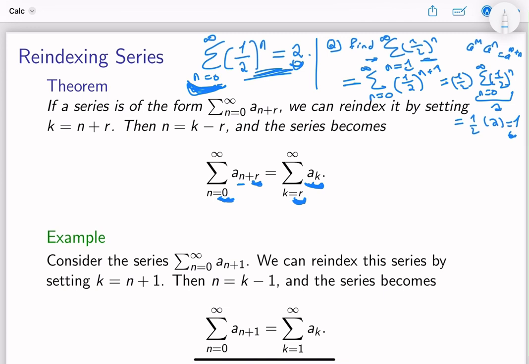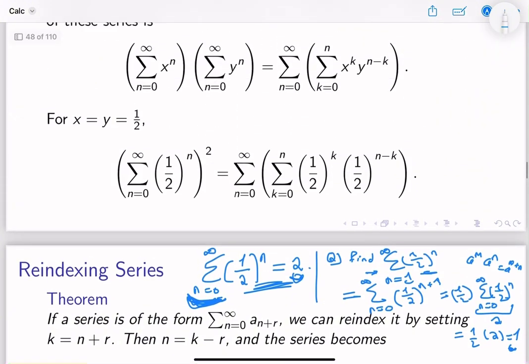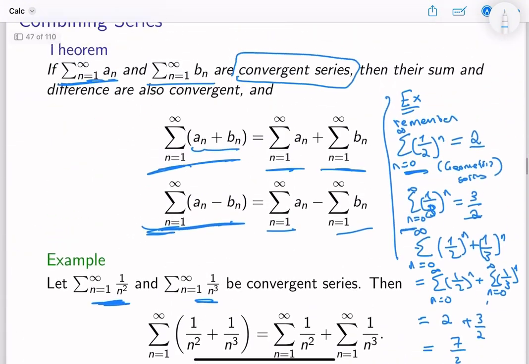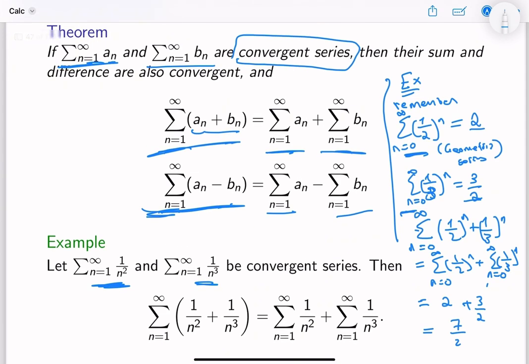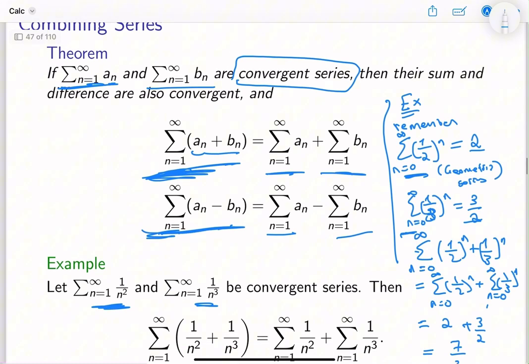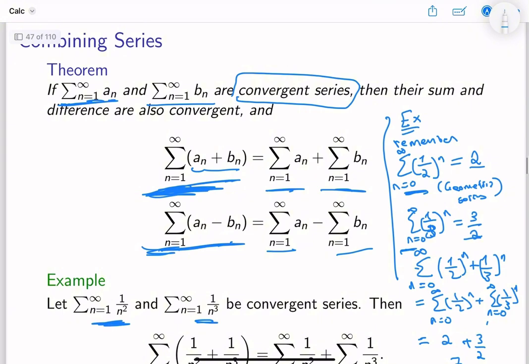I should also mention the reason this is true: a series is just a limit, and since the limit respects the arithmetic operations, so does the convergent series.